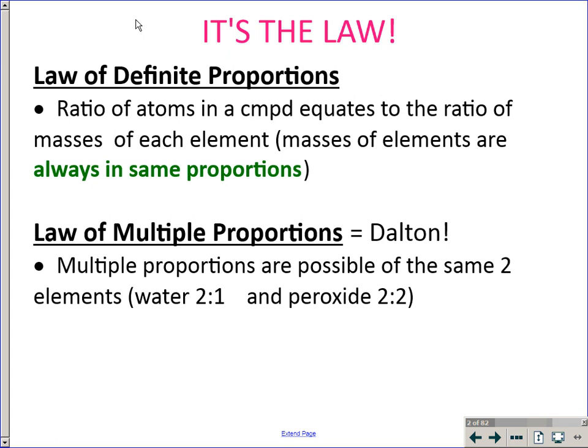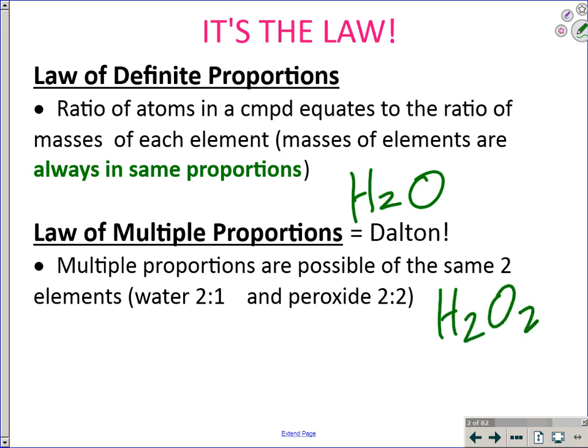So if I have H and O, what are all the ways that we can put H and O together to make a compound? Two very familiar things: H2O, okay, and H2O2. The first law says you can only have an arrangement with two H's and one O, but that's no longer true because we know we can make other arrangements and they will make stable compounds that exist in everyday life.